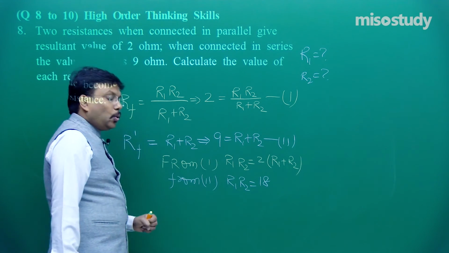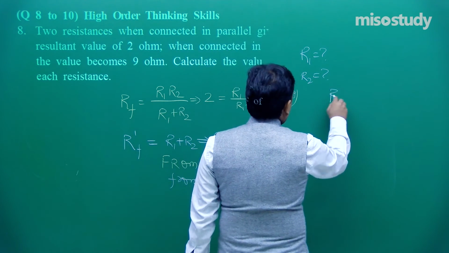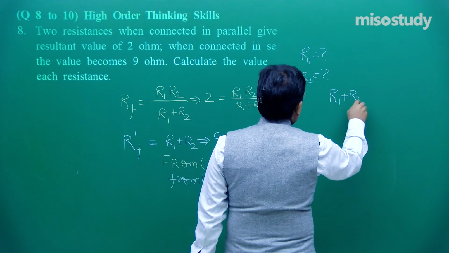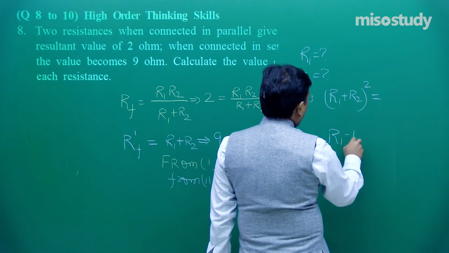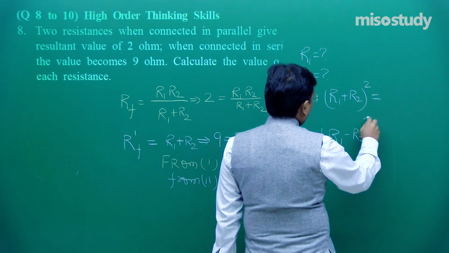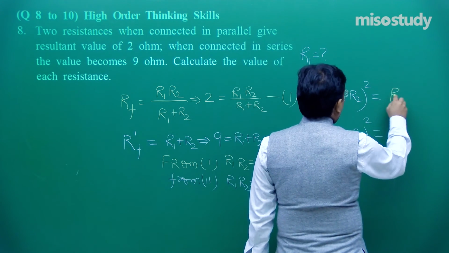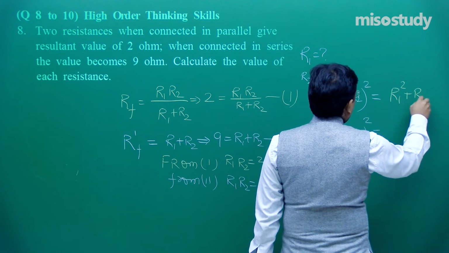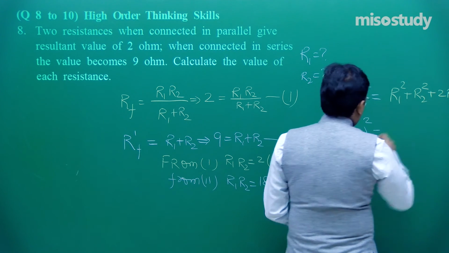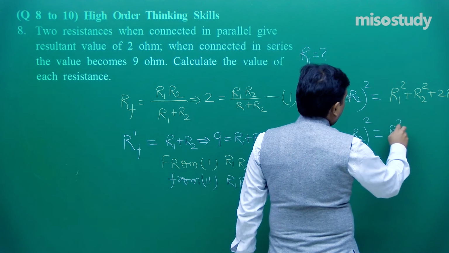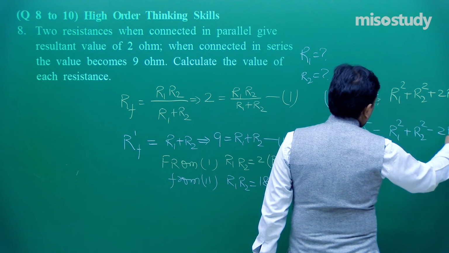Now, use two simple formulae. What are those formulae? First formula is R1 plus R2 whole square, and second formula is R1 minus R2 whole square. So, you will get from here R1 square plus R2 square plus twice R1 R2, and from here you will get R1 square plus R2 square minus twice R1 R2.